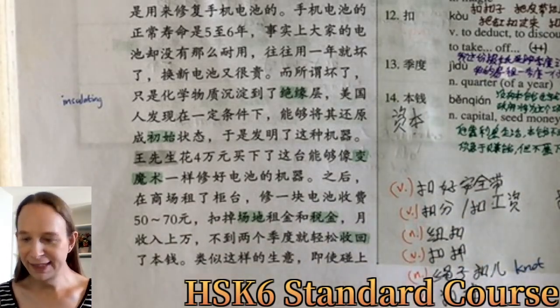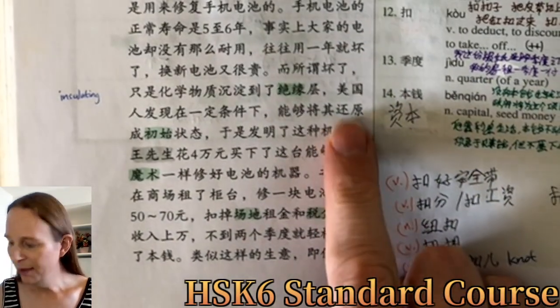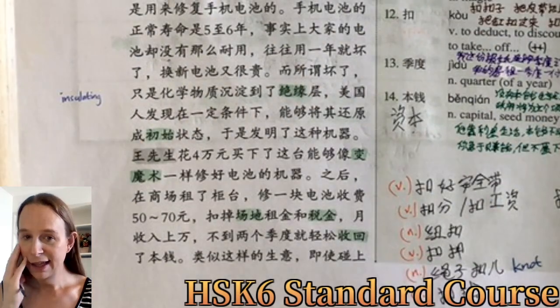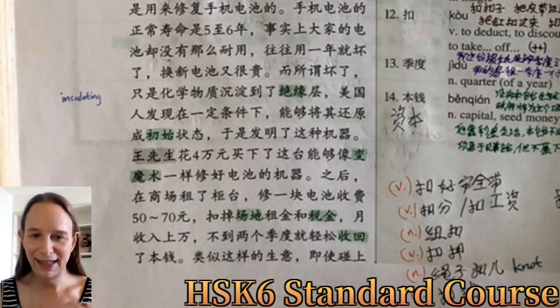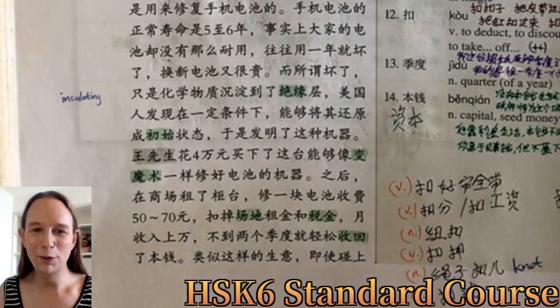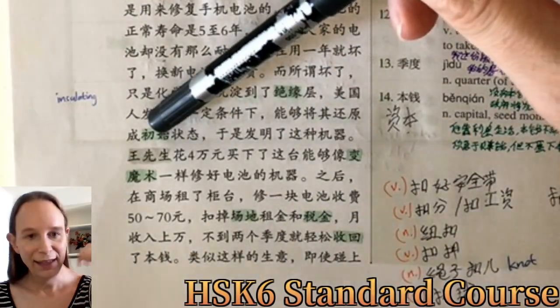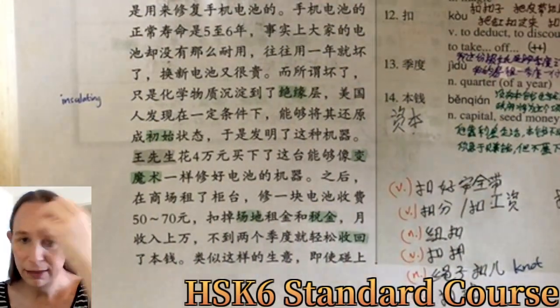So we probably studied 还原 at some point, but it's like 还原 is return to or revert to a previous state. You use it for like reenactment, like 还原, reenacting the Civil War or something like that as well. Here it's returning to its original state for the battery.